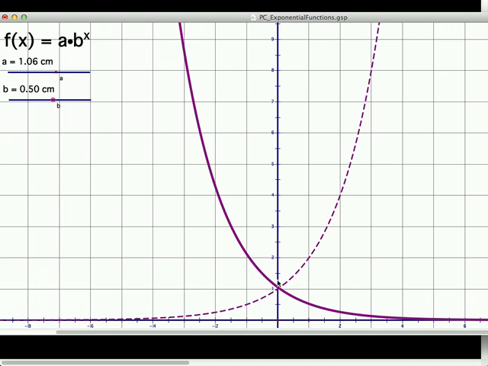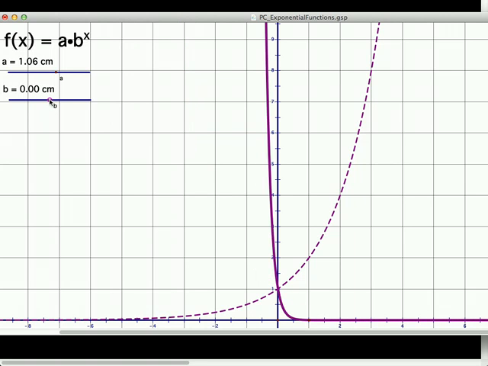So that's equal to 2. 0.5 to the negative 2 would equal 4, right? So a fraction plugged in for b will end up flipping it over the y-axis a little bit. And I can plug in different values for that, and I can get some different things there as well.